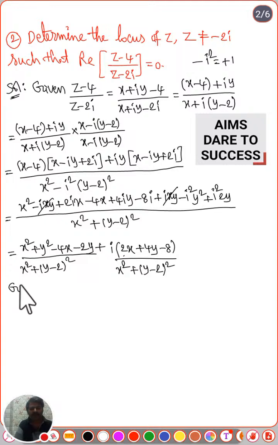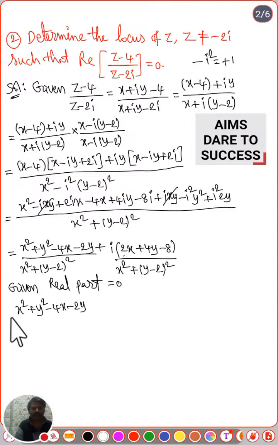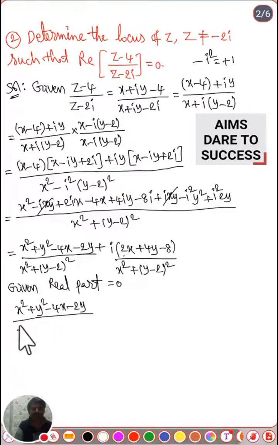The given value is: real part is equal to 0. Okay, what is the real part, my dear, without i value? That is x square plus y square minus 4x minus 2y, divided by x square plus (y - 2) whole square, is equal to 0.